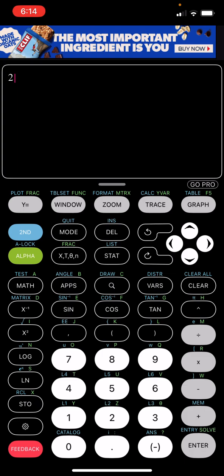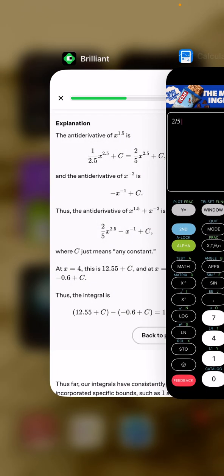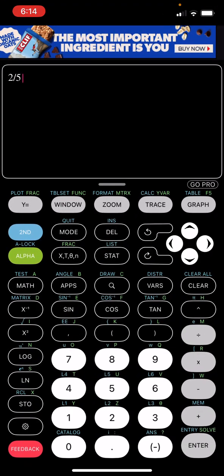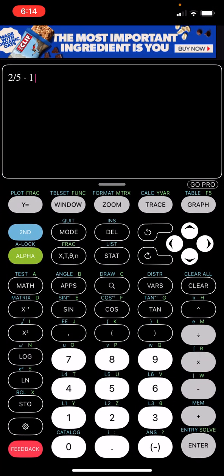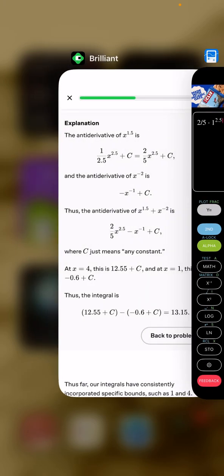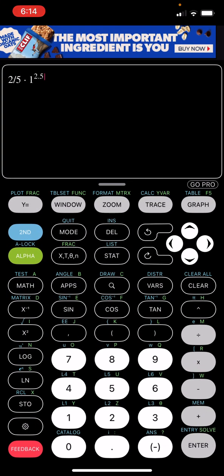So let me do this. 2 over 5 times 1 to the 2.5 power. Divide by 5.